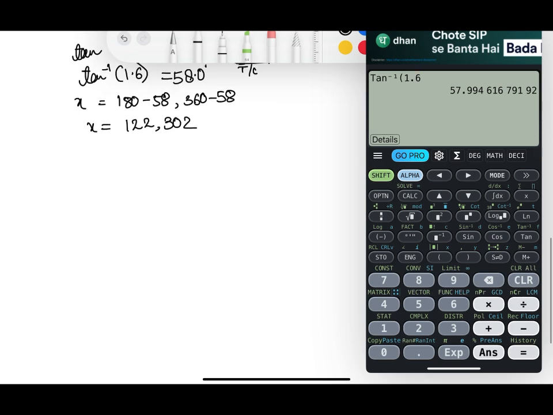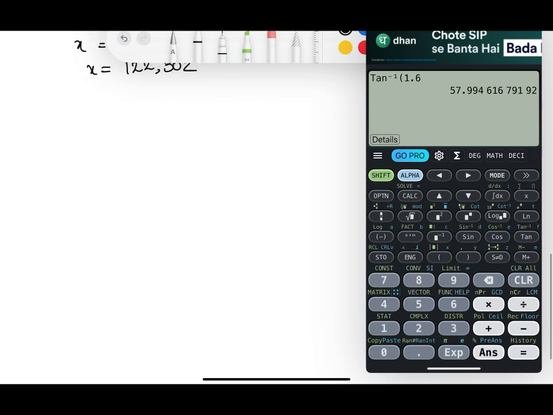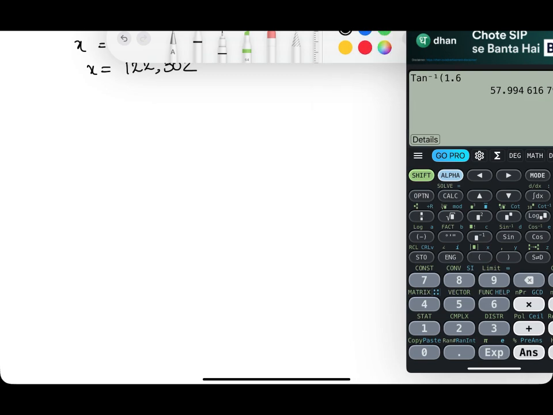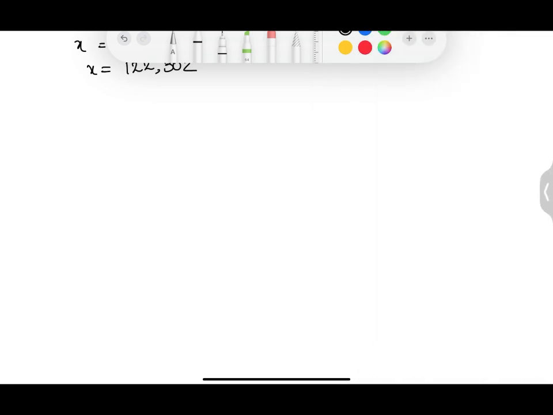Now let's do a little bit of complex equations. To make it easier, I will be doing it in this form. Again, the value of x is between 0 and 360 for all of them.